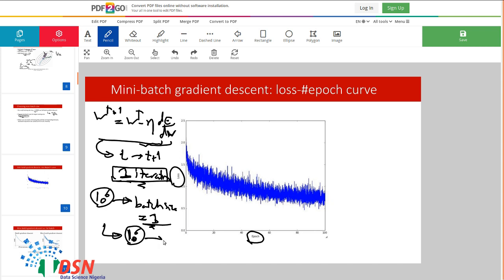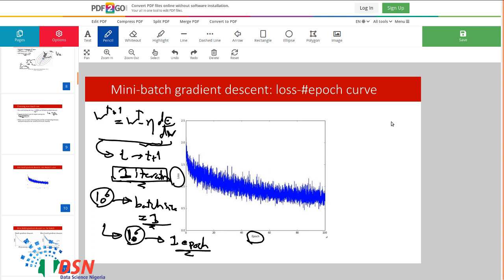So every 1 million iterations is 1 epoch. Okay, so 1 epoch means the number of iterations that you need to see all of the training examples.